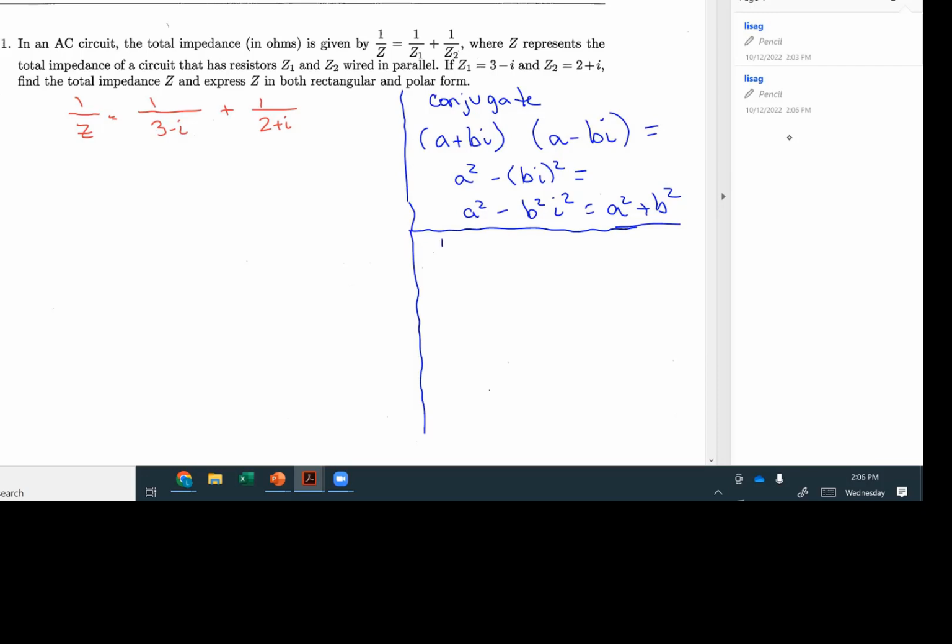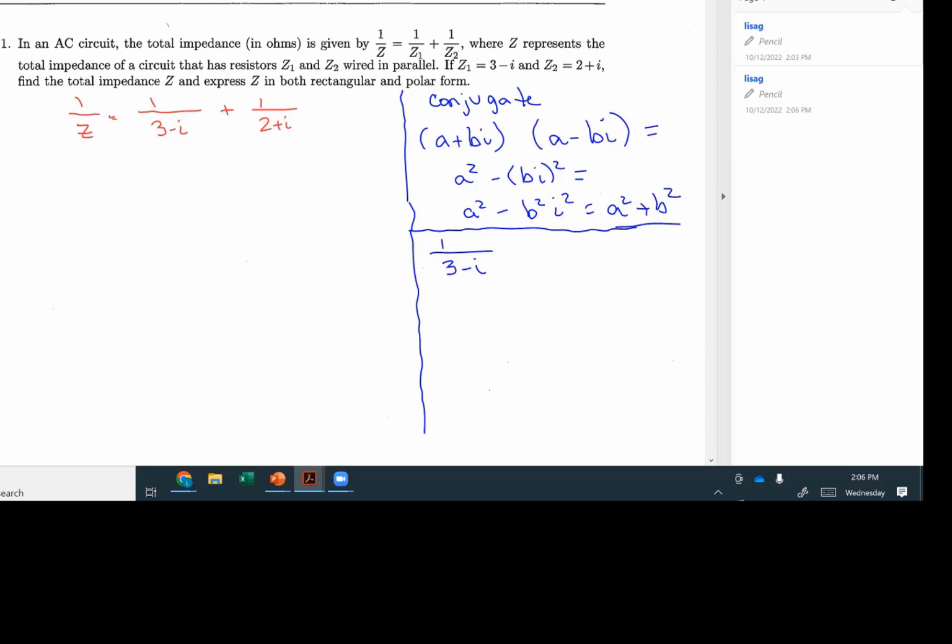I want to change 1 over 3 minus I into standard form. I have to change the denominator and get rid of the I, just like when we rationalize and get rid of the radicals in the denominator.